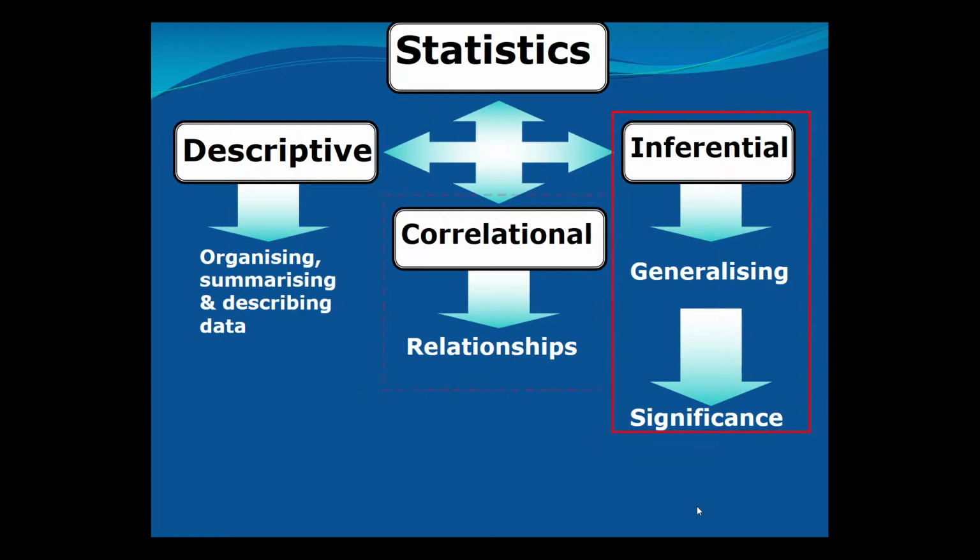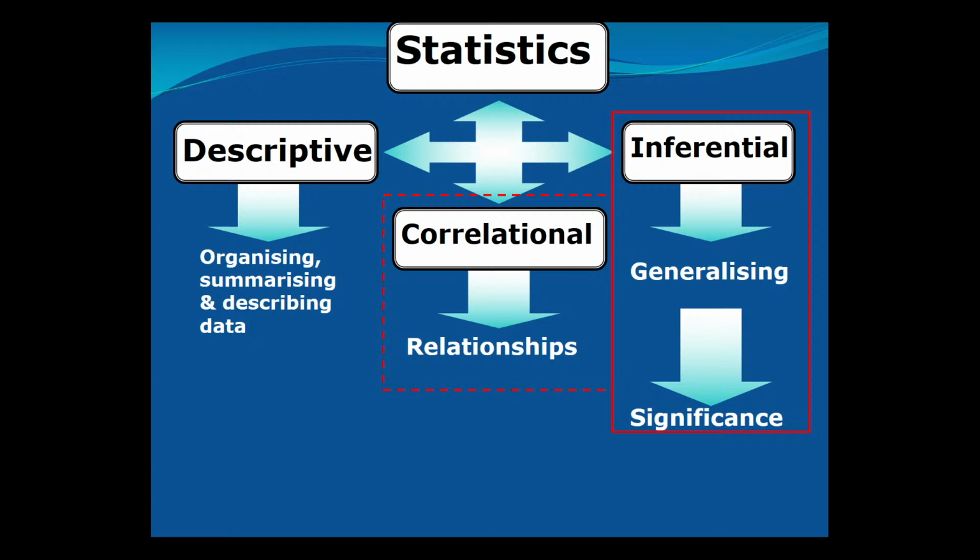Look at this slide. We divide statistics into some parts: descriptive statistics, correlation, and inferential statistics. Descriptive statistics is used to organize, summarize, and describe data collected during our research or during observations.